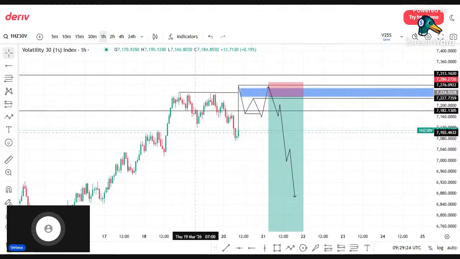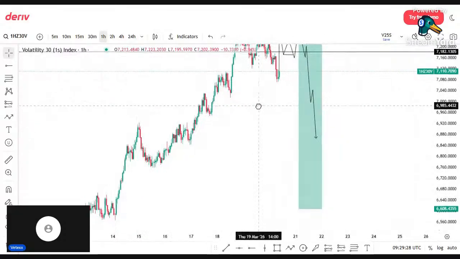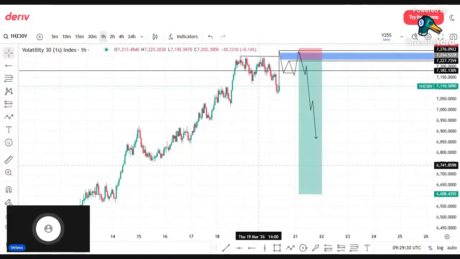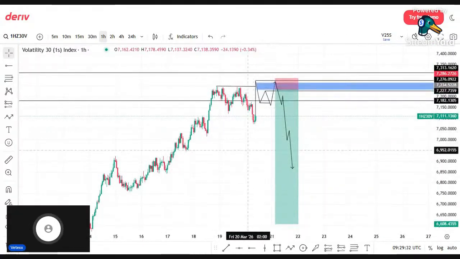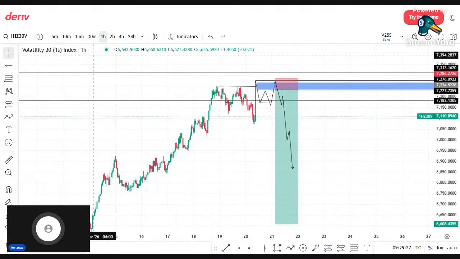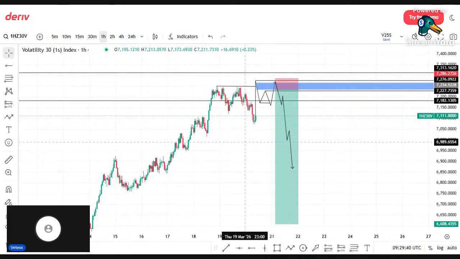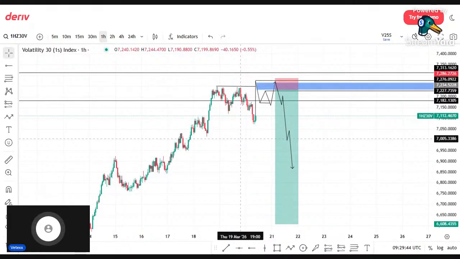Alright, so if price didn't do that, we'll be on the lookout until price gives us another structure below here, and then we'll still look out for a confirmation entry, then we'll take the trade. So currently we don't have anything on V31, so just be on the lookout for this thing that I just explained to happen before we'll be able to say we want to take a trade on V31 index.